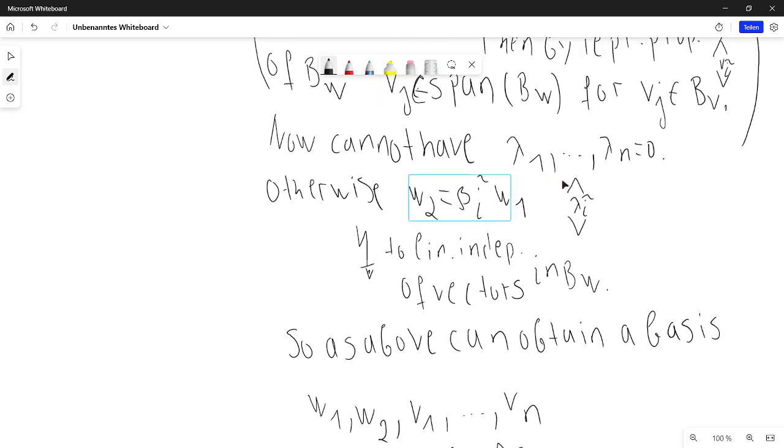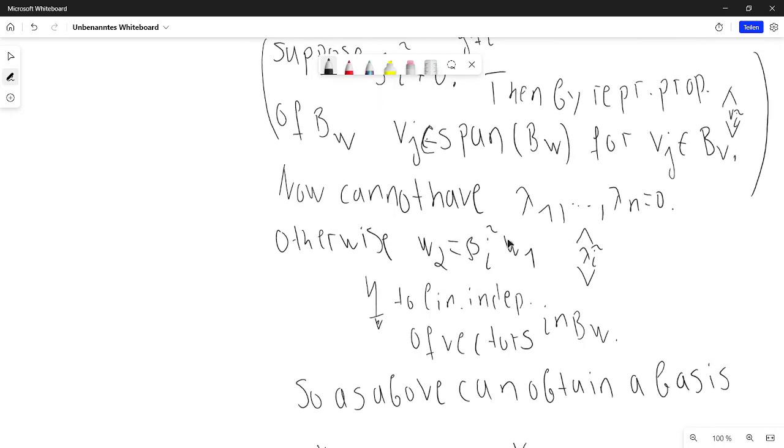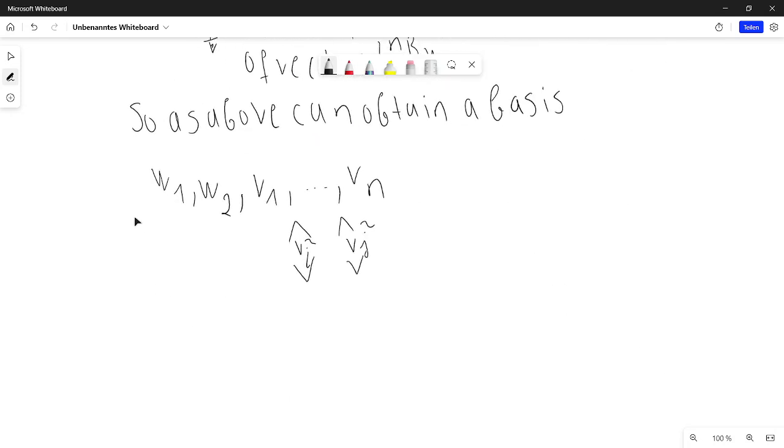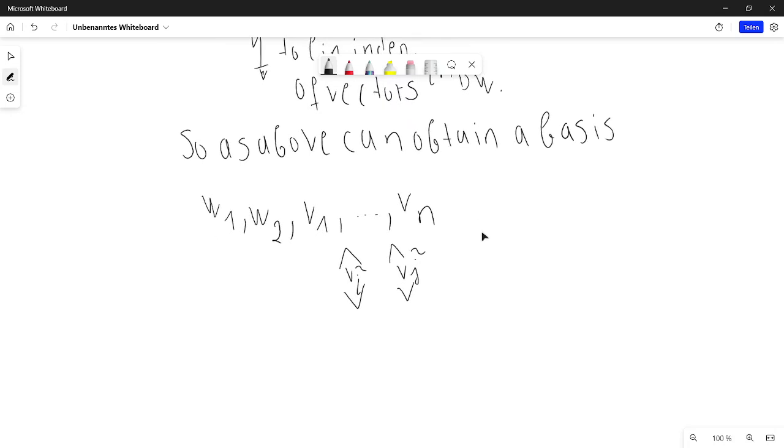So we wouldn't choose this, we would choose this, and this would be again in the representation as one of the vectors representing, and this will be truly replacing some vector v. That's what we want, right?